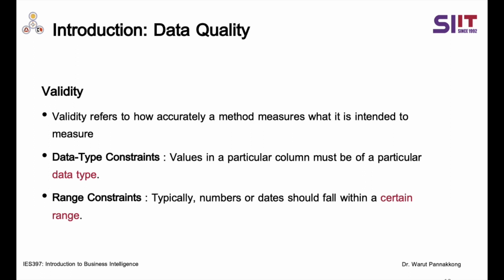The data type should be the number of years, not the date of birth. Now, the next type of constraint is range constraints. Typically numbers or dates will have a certain range of possible values. Like salary, it has to be positive, it cannot be negative. Or the dates, you have 12 months, that cannot be the 13th month, for example.